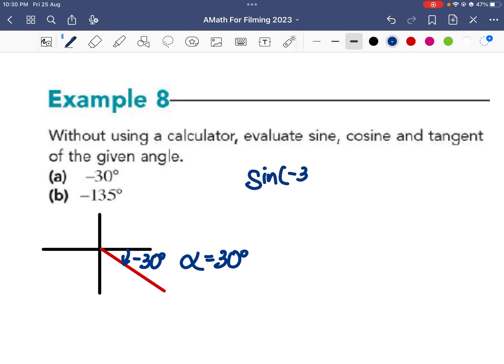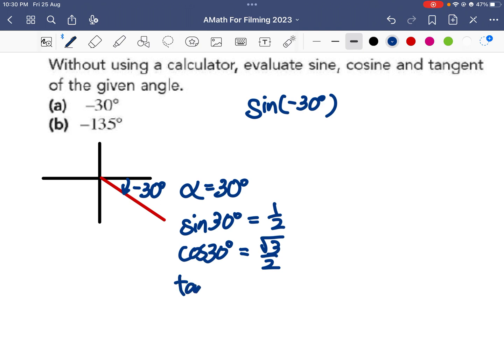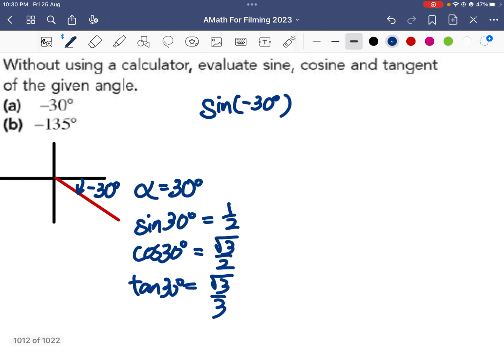First and foremost, sine of 30 degrees is equal to half. Cosine of 30 degrees, my reference angle, is equal to square root 3 over 2. And tangent of 30 degrees is equal to square root 3 over 3.